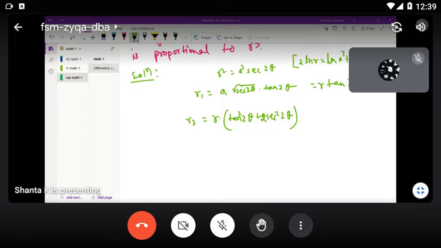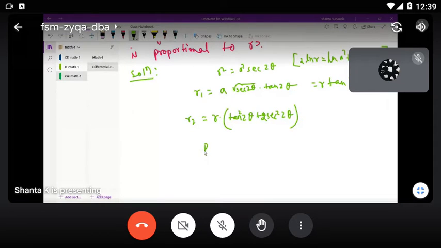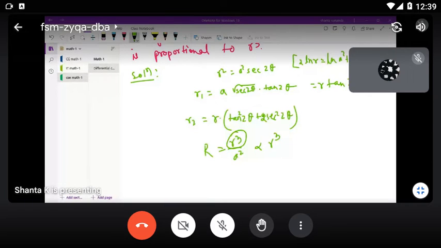So how much are you getting for the curvature? Radius of curvature is coming r cube by a square. That's what you said, no? Yes, ma'am. R cube by a square. So it is proportional to r cube. Okay, here we have r cube. Now one more question you do.